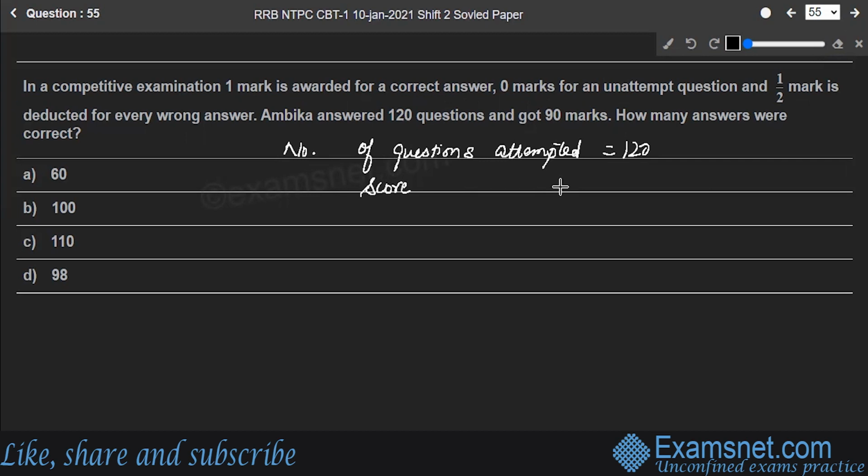Score 90. Marks awarded for the correct answer is 1. No attempt, 0. Wrong answer, half.